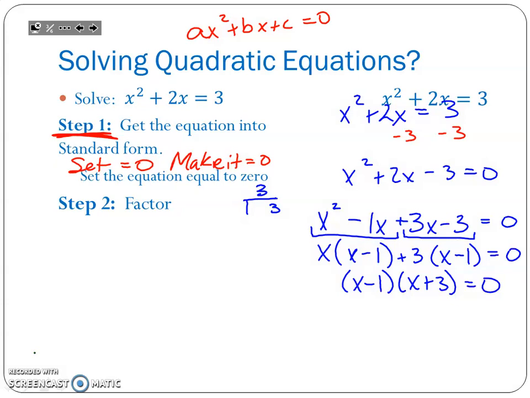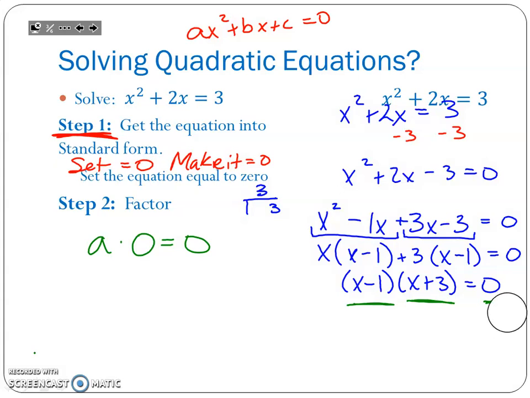Now, we're going to use the zero product property to figure out our answers. The zero product property says that if you have a times 0, it has to equal 0. Okay? So since this equation equals 0 here, that means that either this equals 0 or this has to equal 0. One of those two has to equal 0, or both of them could equal 0.